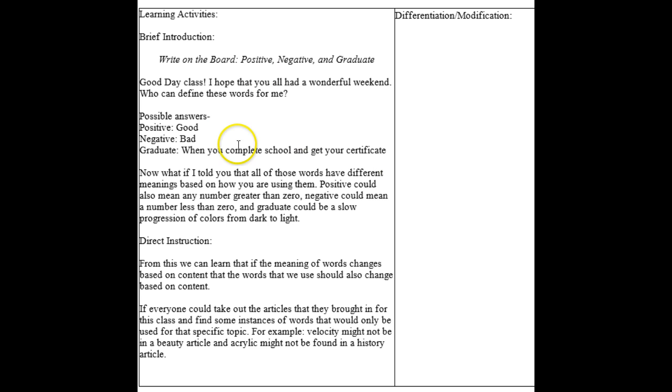All right. So you choose three words and you write them up there and you explain to kids that these words can be used in different ways. Then you move them straight from this one example into, take out the article you brought, find some words in there that would only be used for that specific topic. We've got to stop right here because there's a problem, okay?